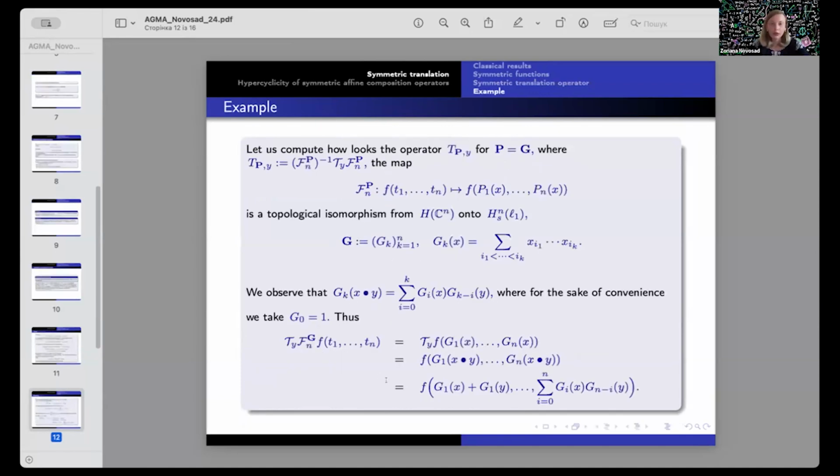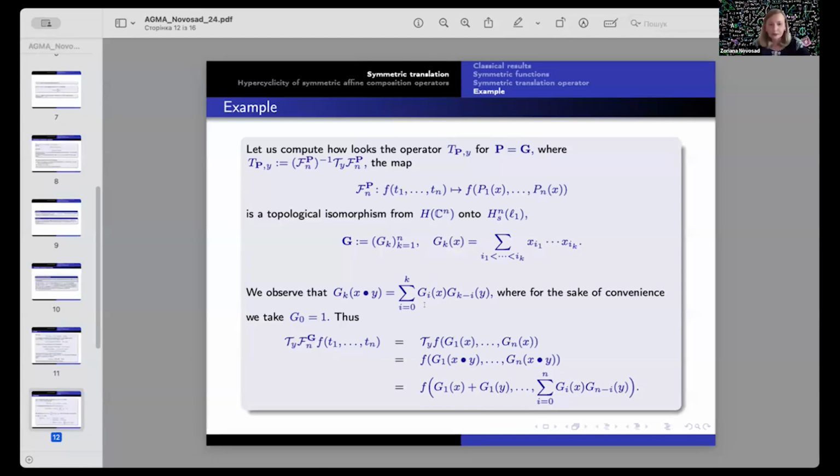I want to introduce the next example, when we consider the following algebraic basis G. For an element of this algebraic basis, we can introduce the following formula. And g_k(x∘y) we can write in the following way.